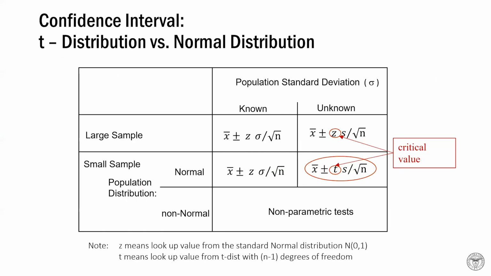Recall the confidence interval defined in the normal distribution. We can also obtain the confidence intervals for the sampling distribution with known and unknown standard deviation.